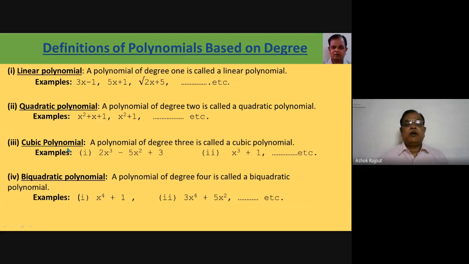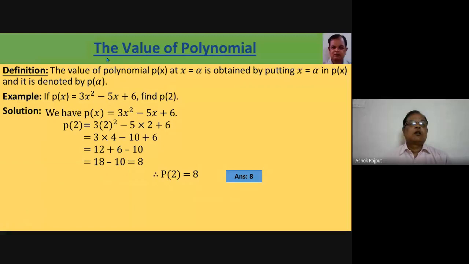These are so simple, these are not difficult. So you will practice and see these types of definitions many times. Now we are going to explain the value of polynomials.